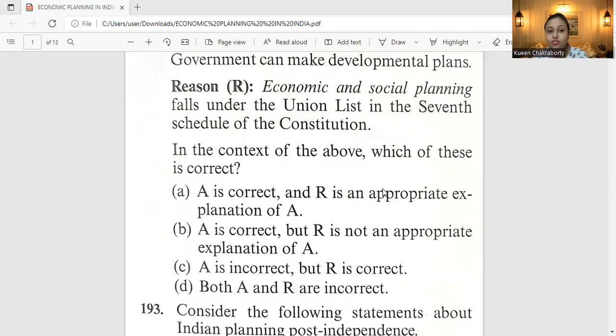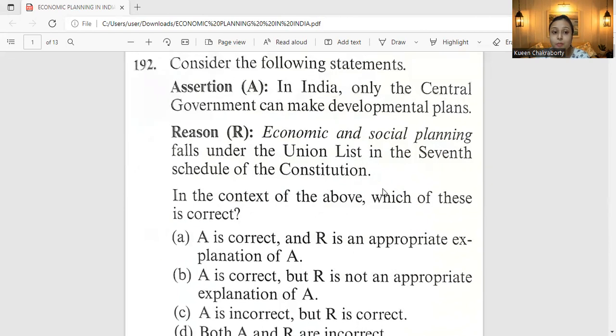Okay. So this question, that is question number 192, talks about how in India only the central government can make development plans, right? So we are talking about the development plans. See, economic and social planning is a concurrent subject.